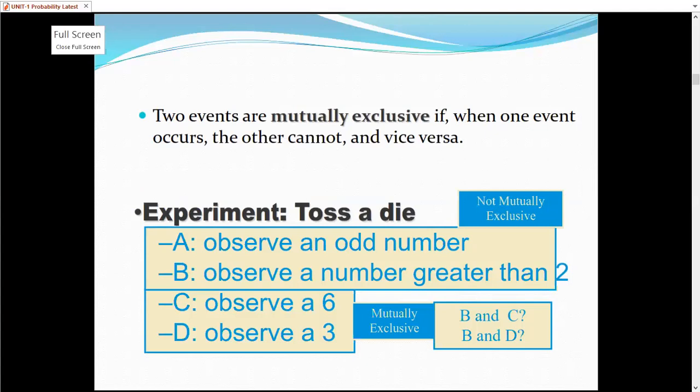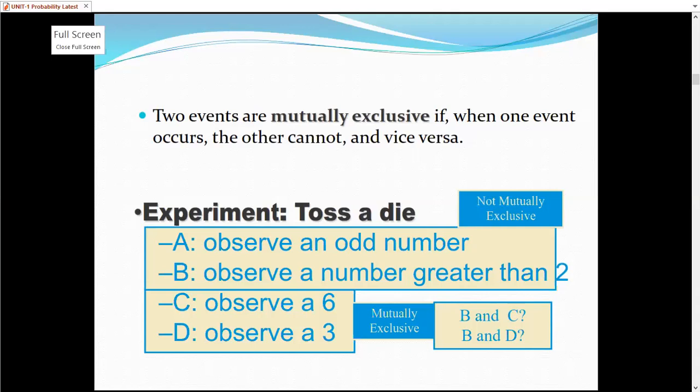When you are throwing a die, I am taking 2 events, A and B. What is A? Observe an odd number, and B is observe a number greater than 2. For A, observe an odd number, so your events are E1, E3, E5 only. For event B, observe a number greater than 2, the events are E3, E4, E5, and E6.